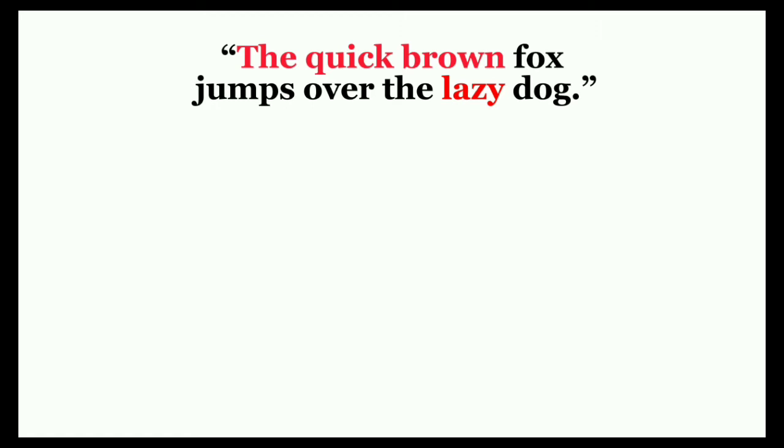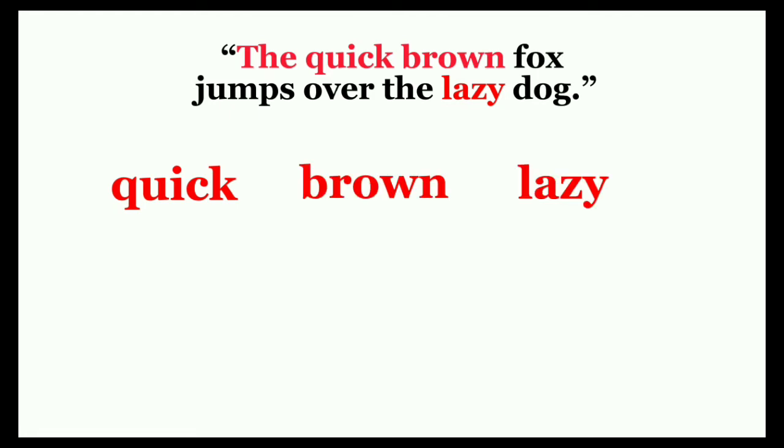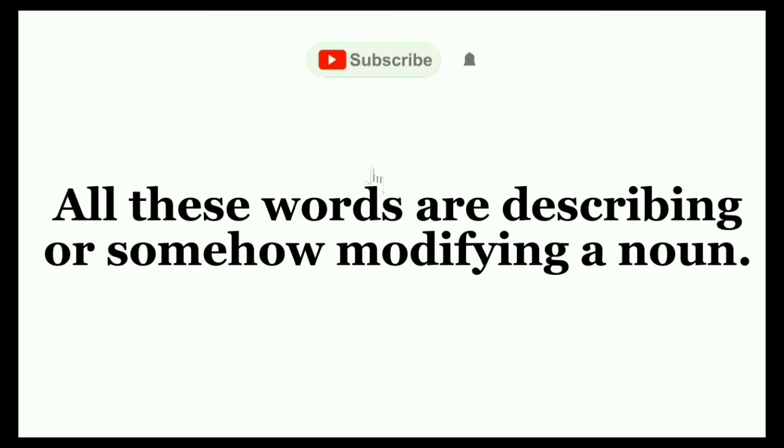In this sentence, the words quick, brown, and lazy are adjectives, and so is the word the, but we'll explain this later. All these words are describing or somehow modifying a noun.